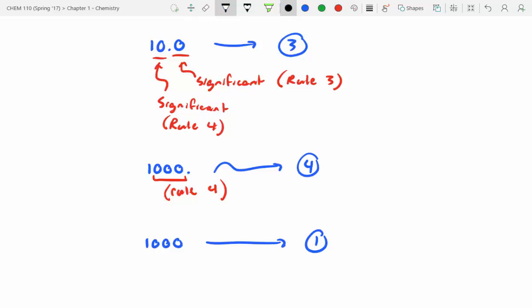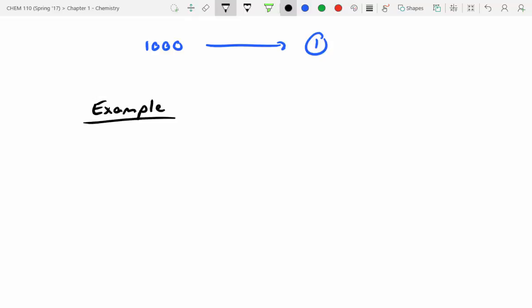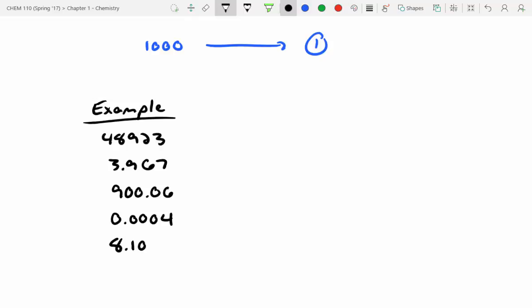Let's do a few more examples, and I'll give you guys some time to work on this. We'll do 48923, 3.967, 900.06, 0.0004, and then 8.1000, and then 501.040.